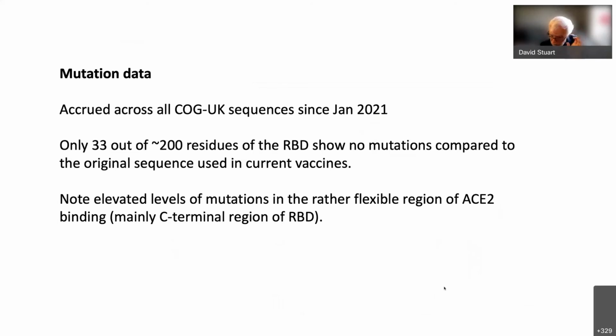But what Helen has done is to look at the mutational data from COG UK, where there are now hundreds of thousands of sequences. So if you say that a mutation occurs more than 10 times independently, then it suggests to me that that mutation can produce a viable virus.